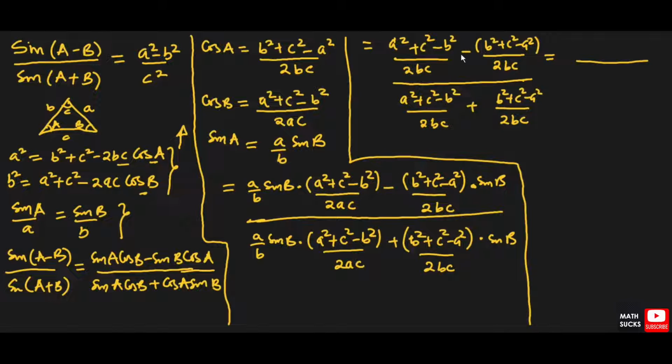When I open up with a minus, this is going to be minus b squared, and this is a minus, so that will give us 2a squared minus 2b squared. But when we check on c, this is going to be minus c squared, and so it will cancel with that.